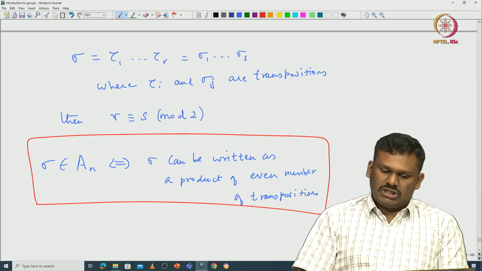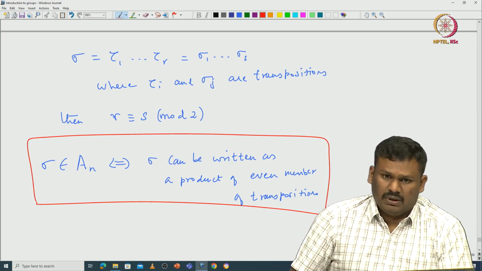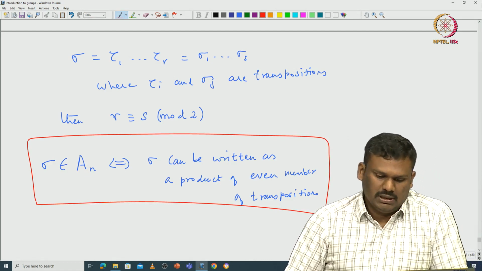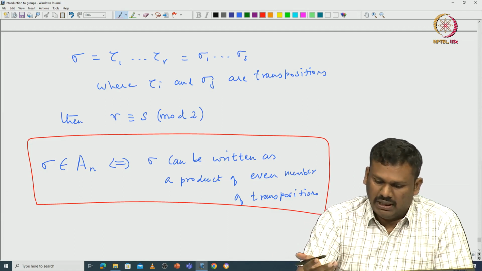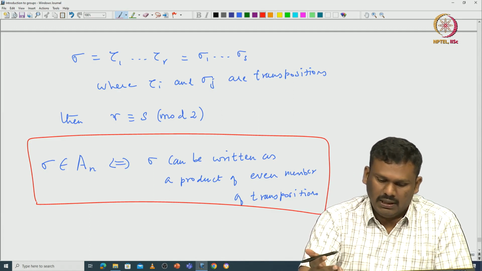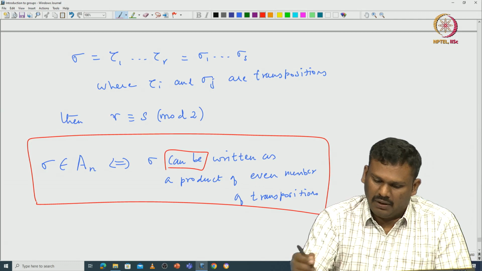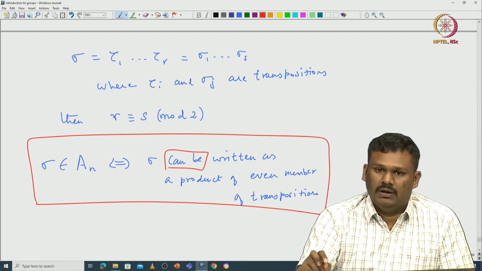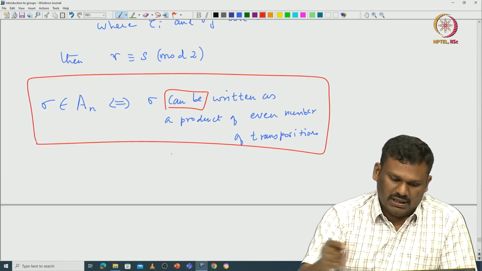Such sigma we call an even permutation, because the number of transpositions used to write sigma as a product is always even. It does not matter which way we write, the number of transpositions used will always be even.